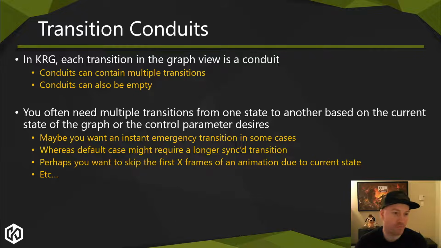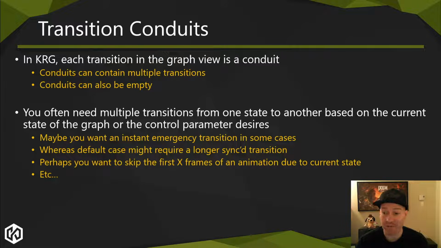As I mentioned, my conduits can contain multiple transitions. This is often needed because between two states, you may have a different need in terms of what the transition should be based on the current game state or the current state of the graph. So sometimes I might have a default transition.